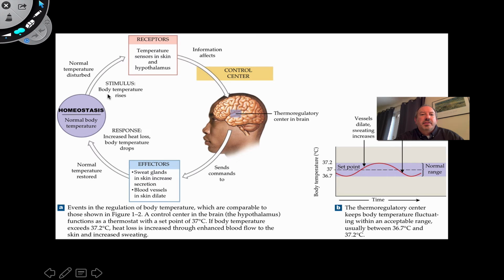And so, let's relate temperature, if we will, to the body. So same thing. The body temperature is rising. There are receptors that sense temperature in the skin. They relay that information to the control center, which happens to be in the brain, of all things. How about that? So the hypothalamus then sends information out to sweat glands, and we're releasing water. Water from the skin creates evaporative cooling. We have blood vessels that are capable of contracting and dilating.